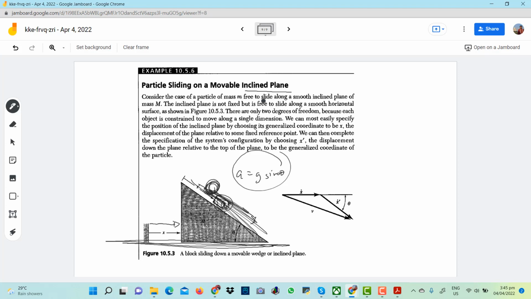The object slides while the inclined plane moves to the right. So that's the setup.